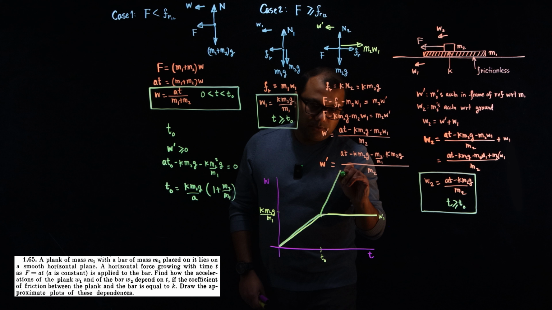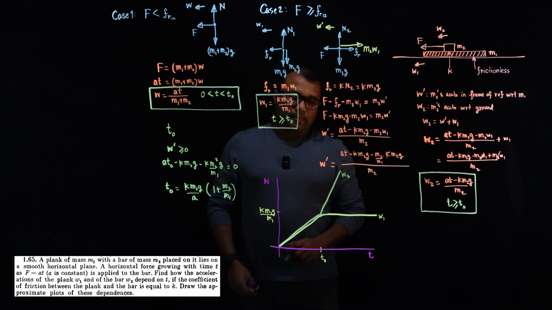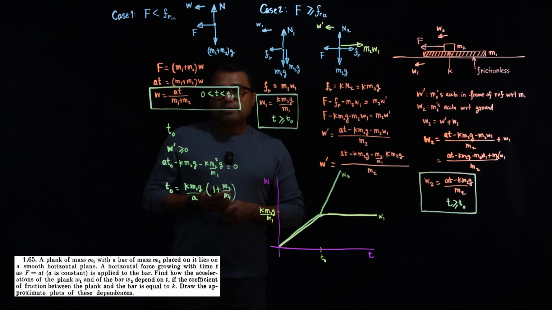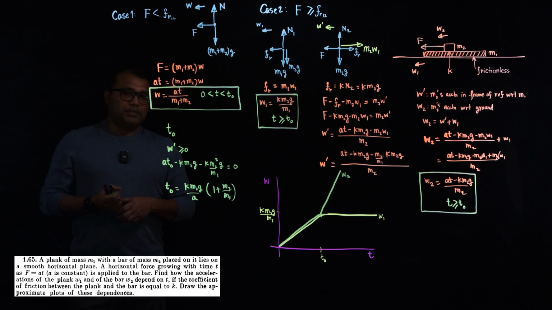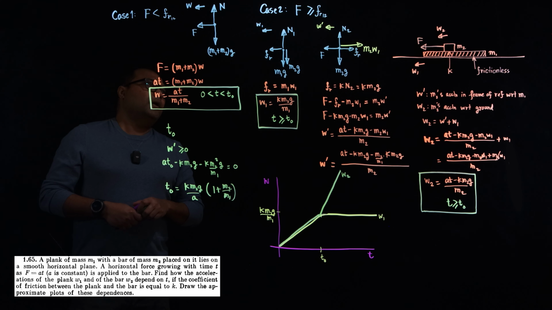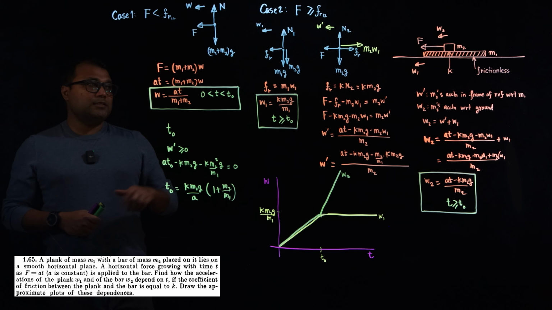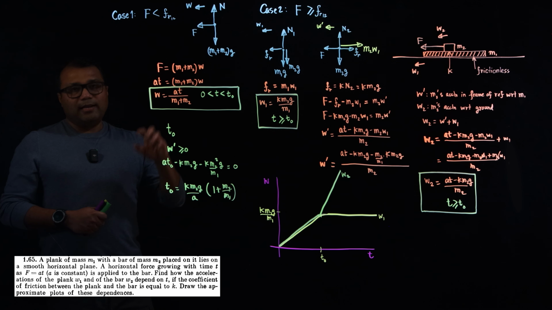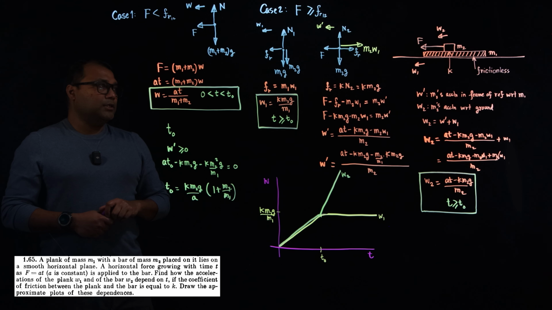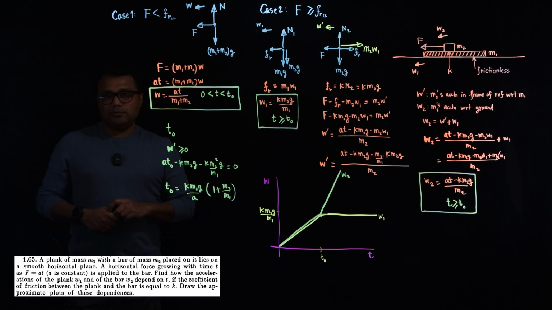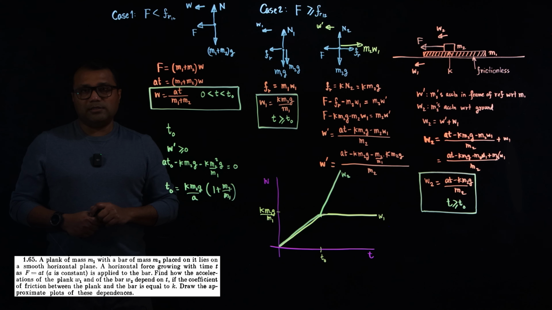So this is W2. So this is a good problem which illustrates a few things. Number one, the concept of friction, static friction, and it also illustrates how to use the pseudo force when analyzing a body's motion with respect to a non-inertial frame. Hope that made sense, and see you in the next one.